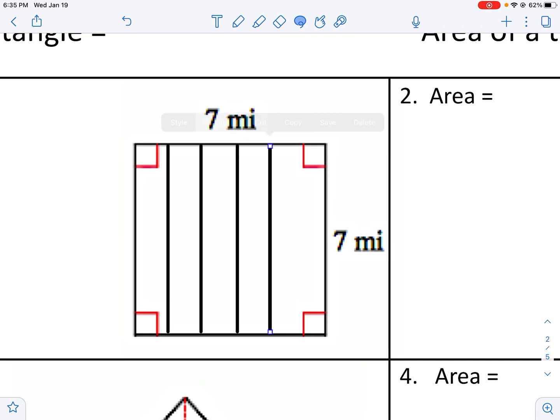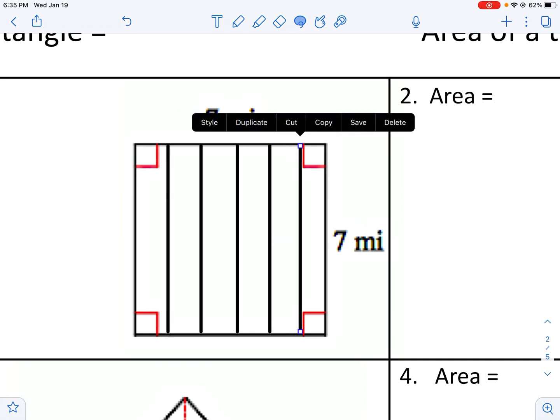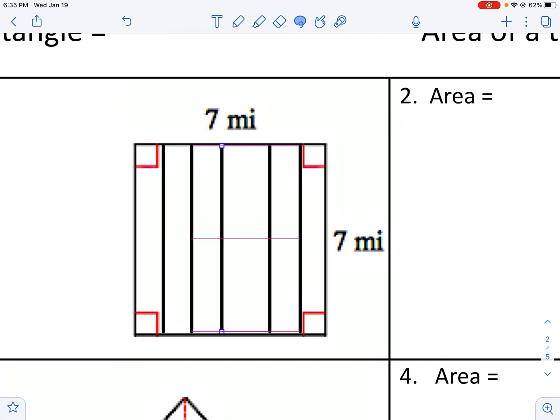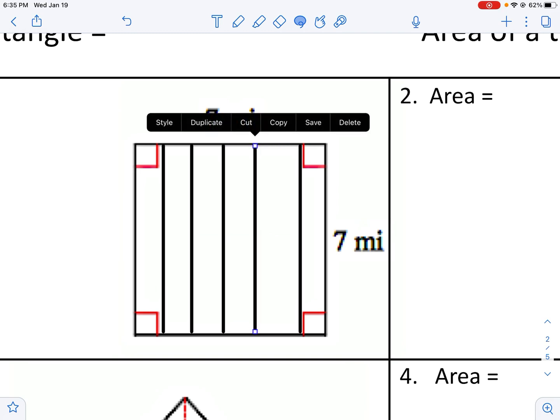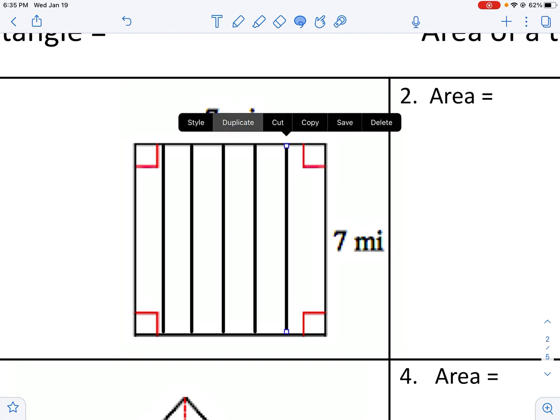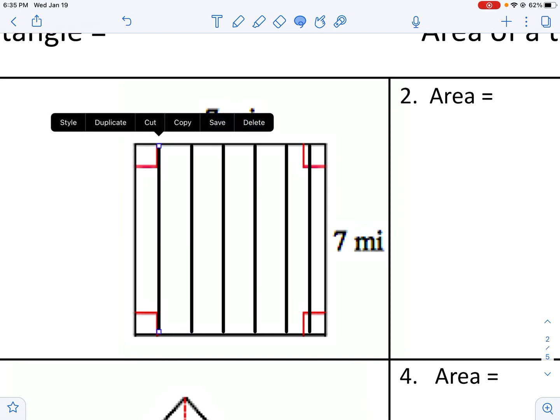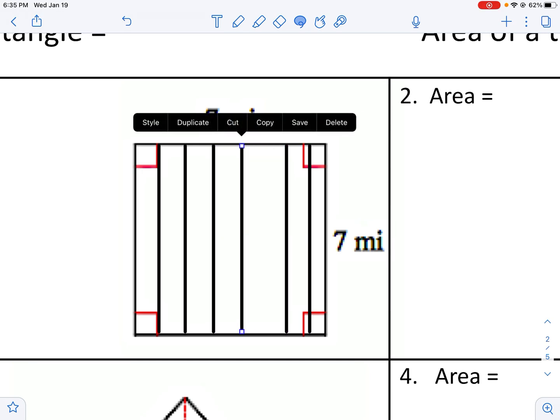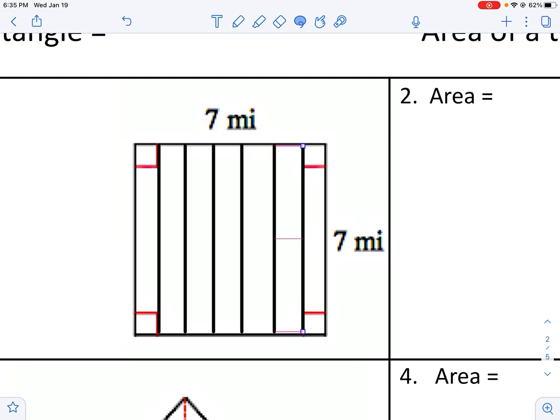1, 2, 3, 4. 1, 2, 3, 4, 5, 6. I always like to say base times height when I'm talking about rectangle areas, and the reason for that is because it's not very even. Let's see if I can even that out a little bit. Yeah, that's pretty close.